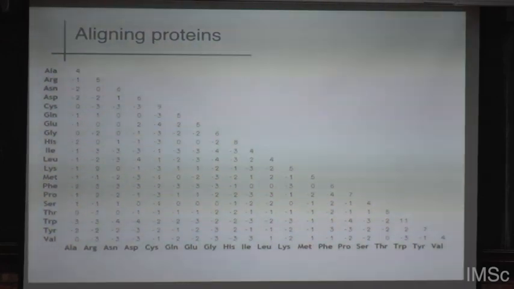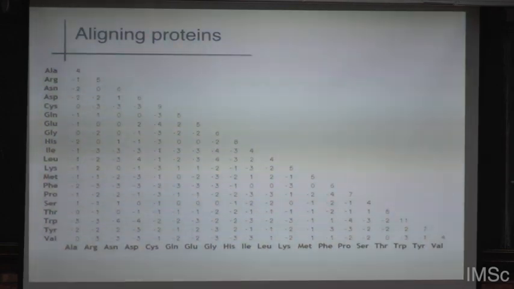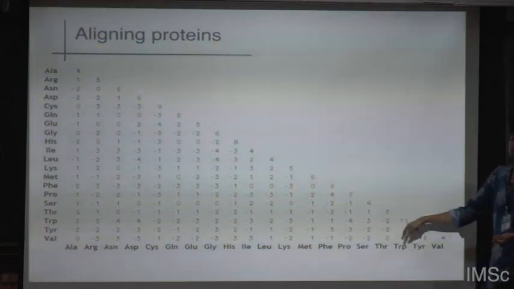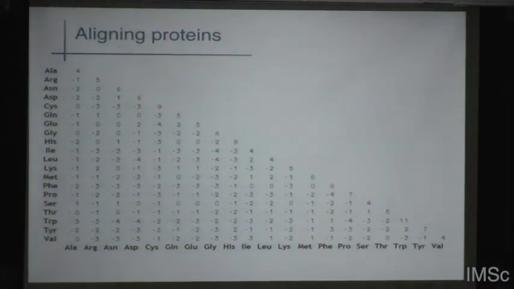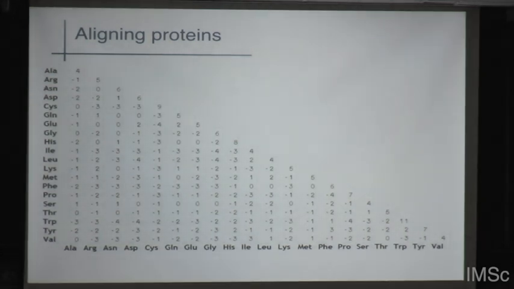Every cell tells you how much to score two amino acids when you see them in an alignment in the same column.